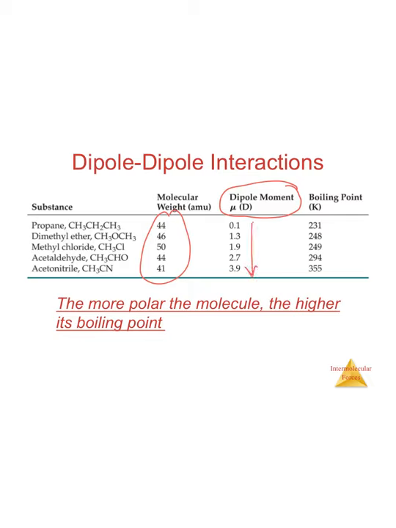So that means that this acetonitrile is going to be a very polar molecule. And look what happens to the boiling points, right? So the more polar the molecule, the higher its boiling point. That is because it is going to have an attraction.